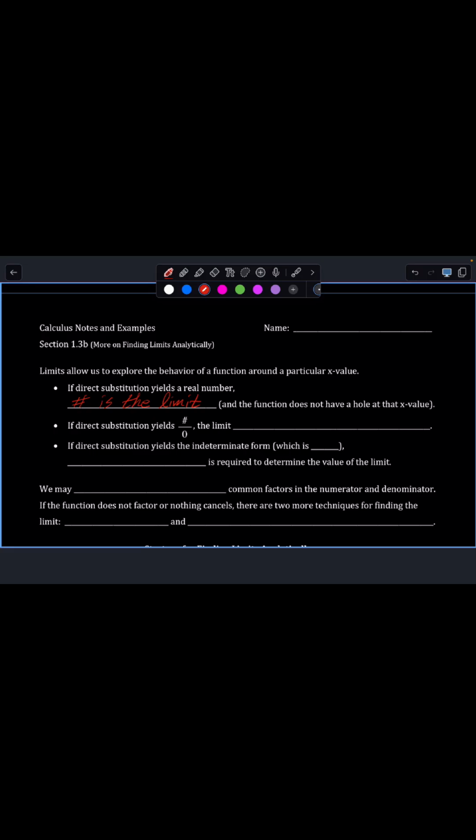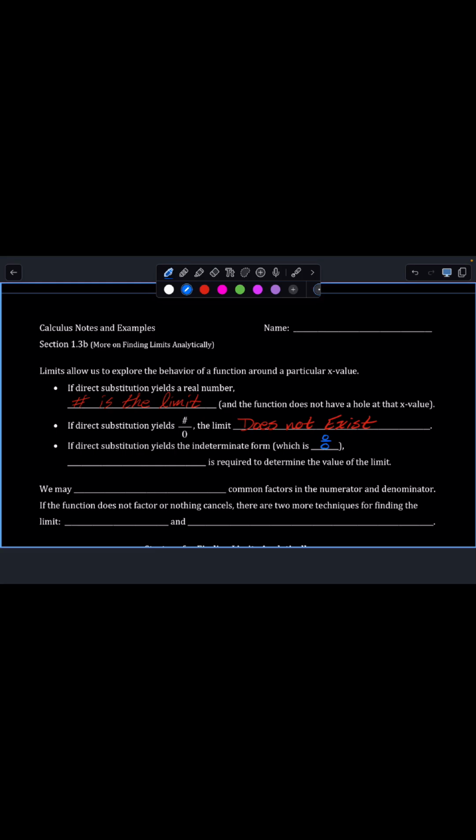Now, if the direct substitution yields a number divided by 0, the limit does not exist. If the direct substitution yields the indeterminate form, that is when we have a 0 divided by 0, meaning the limit can't be determined just yet, okay?